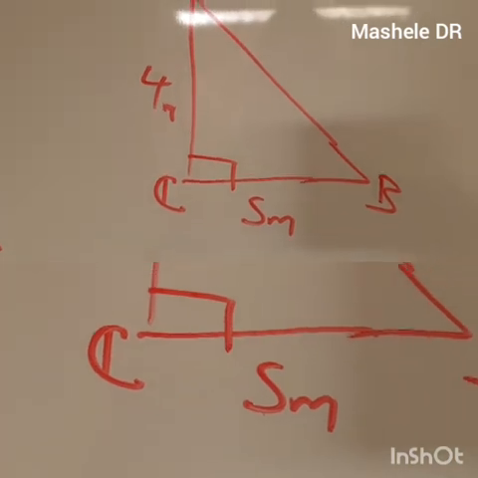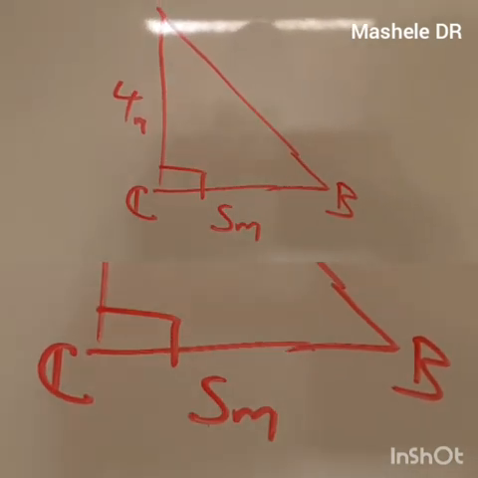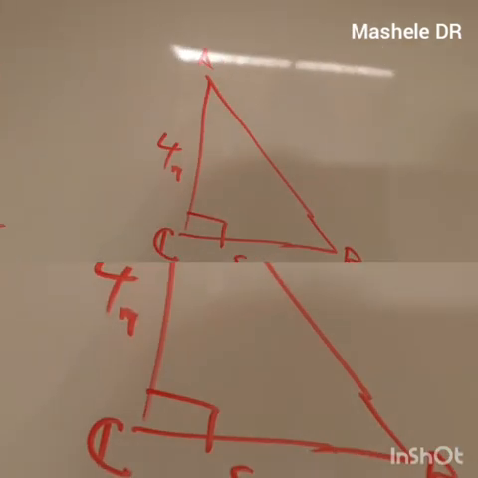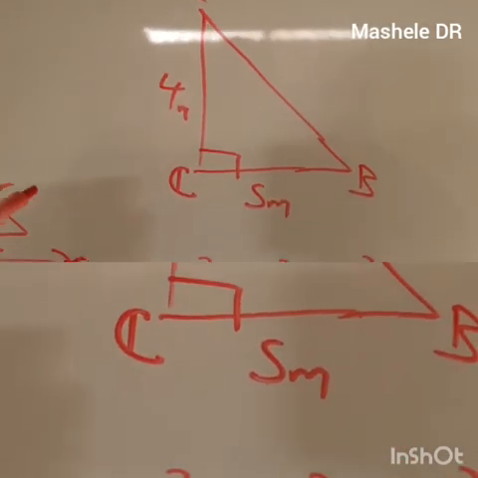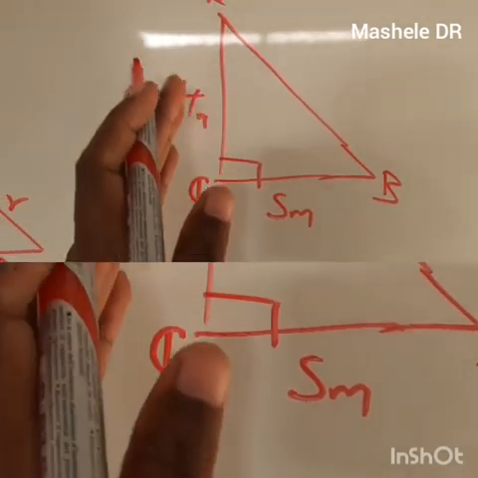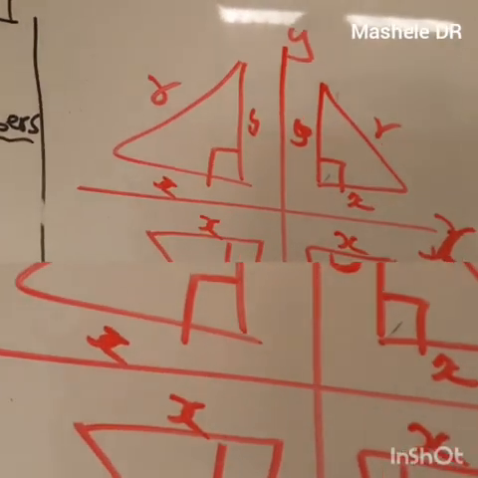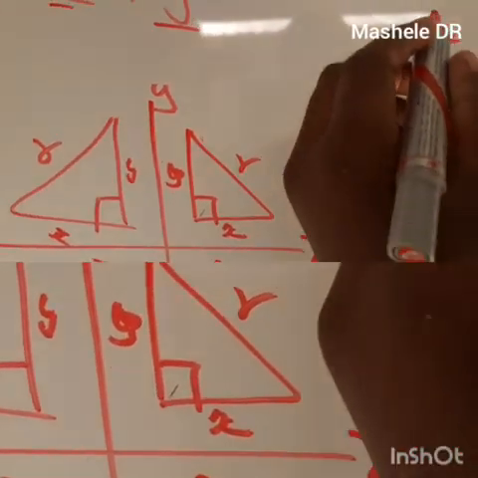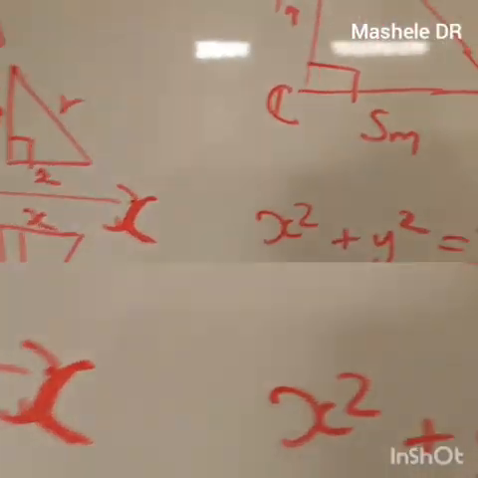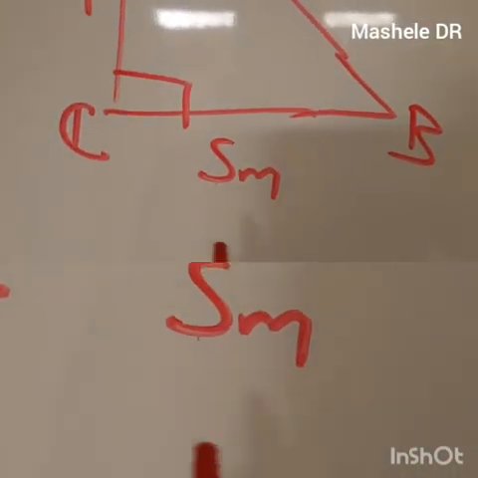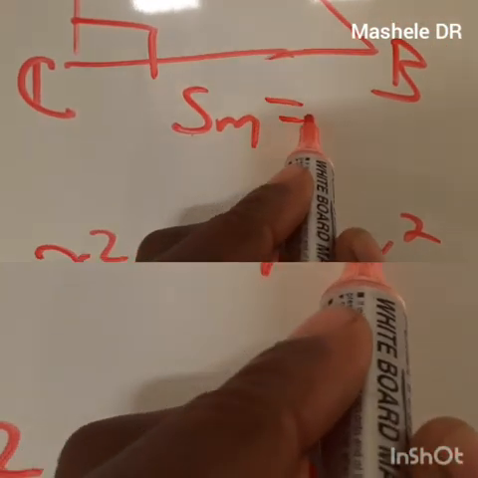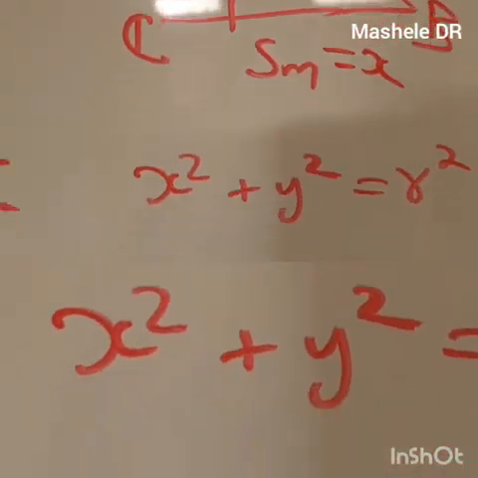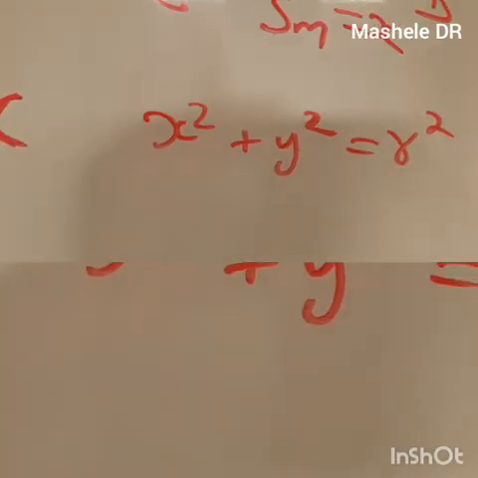Before we can go further substituting into the Pythagoras theorem, you notice I must label first. This side is a vertical line according to the Cartesian plane, which means this would be my y. Then this one is the horizontal line, therefore this would be my x. Then I go on into substituting into the formula.